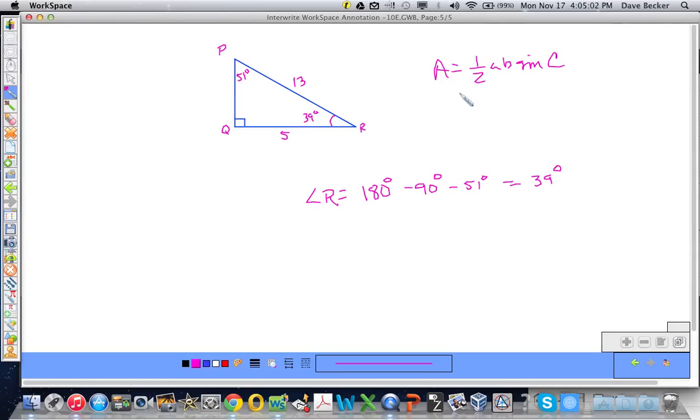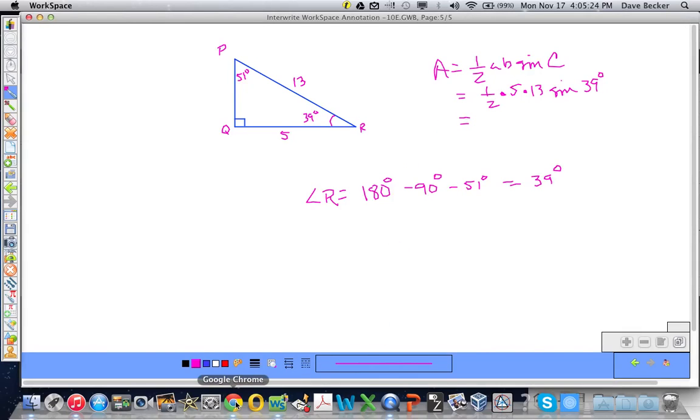Okay, so this would be 1/2, because now I have the two sides and the angle that those two sides form. So it's 1/2 times 5 times 13 times the sine of 39 degrees. And let's see what that equals on my calculator.